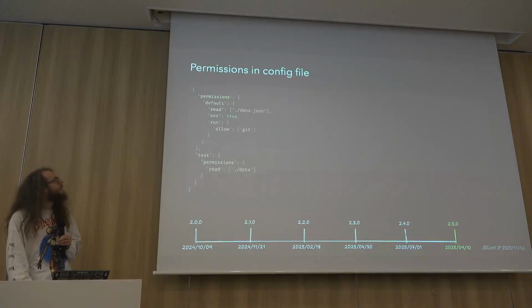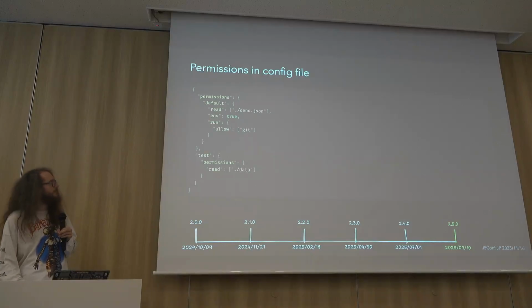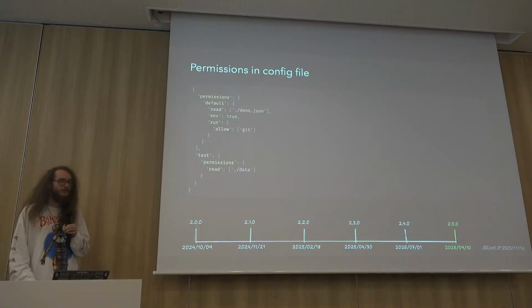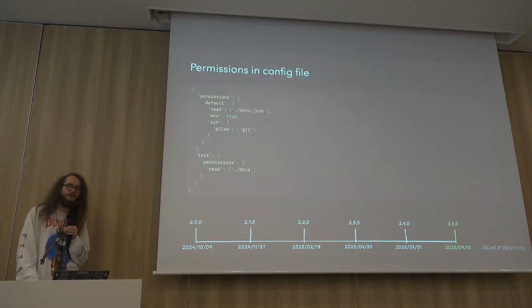And to add to that, there's the case of the default, and you can also specify permission groups for specific subcommands, for example test or coverage, I think as well. Bundle might be affected by this as well. So all the different subcommands that support the permission flags.